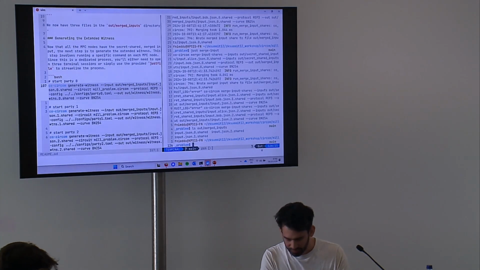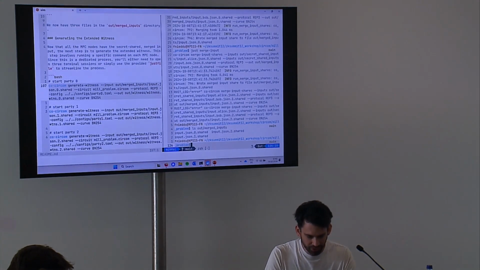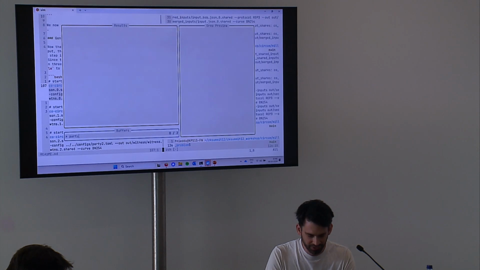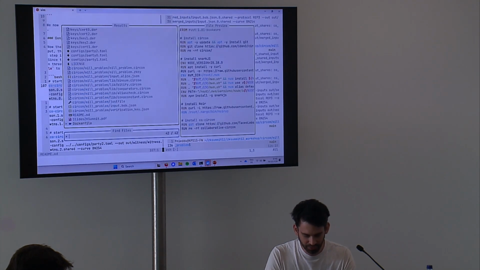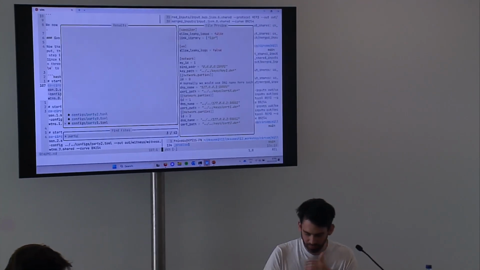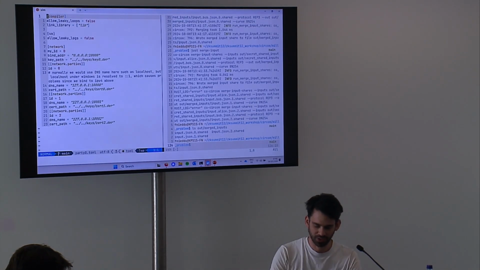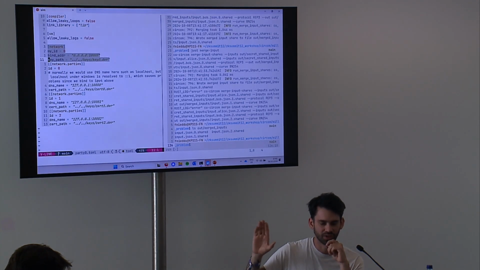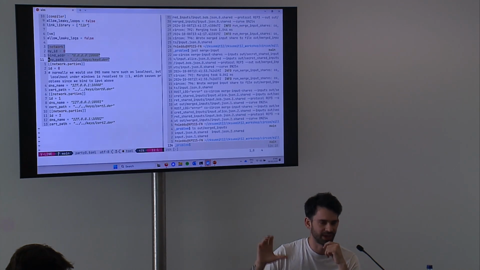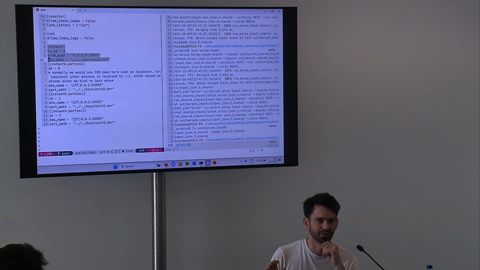So maybe, do we have time for that? Yeah, maybe I'll just show it, because there is also a configuration involved, a TLS configuration. Very briefly, you have to provide some form of network configuration here, where you say on which address you're waiting for a connection, what the certificates of the other parties are, and what your private key is and so on.